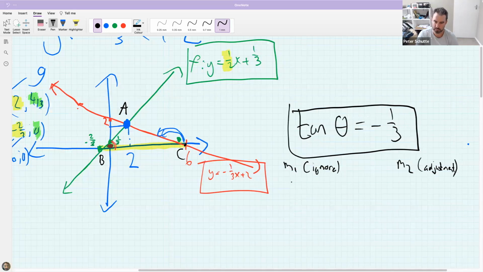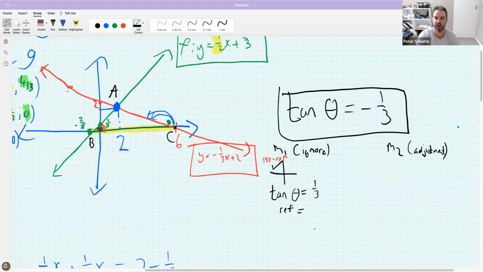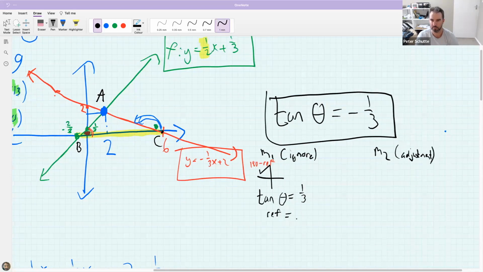So for the ignoring people, you first have to decide where tan is negative, and tan is negative in quadrant 2. And so you know all angles in quadrant 2 are 180 minus your reference angle. So you know your answer will be in quadrant 2, but when you solve a trig equation and you know what quadrants it's in, you will just ignore the negative, and your reference angle will be something, and then you'll go 180 minus the reference angle.